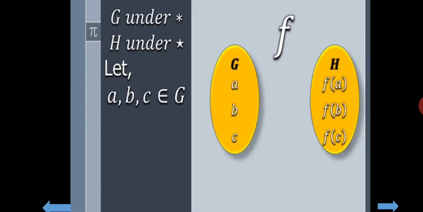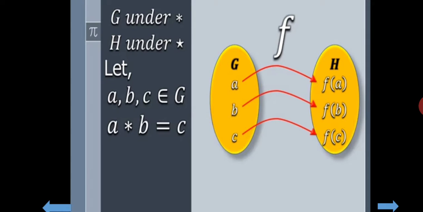Now we're going to let a, b, and c be elements of G, and f maps G to H. So a is mapped to f of a, b is mapped to f of b, and c is mapped to f of c.